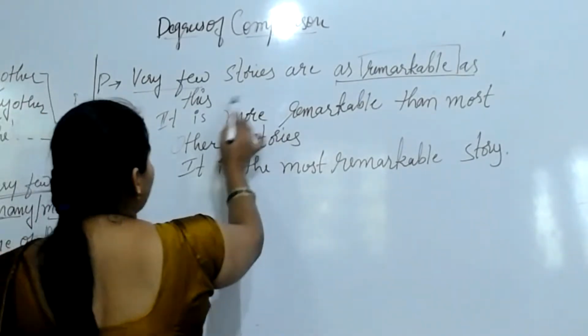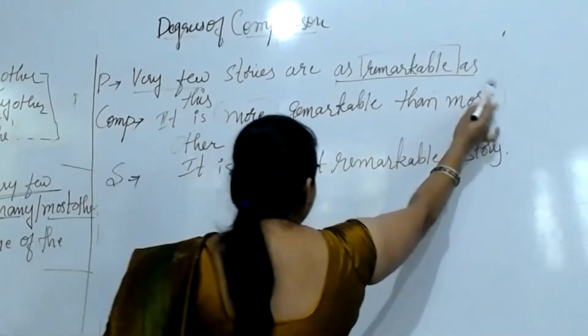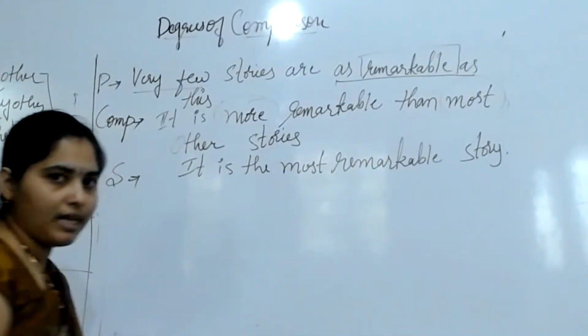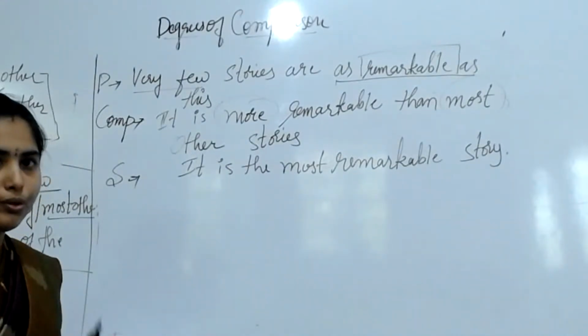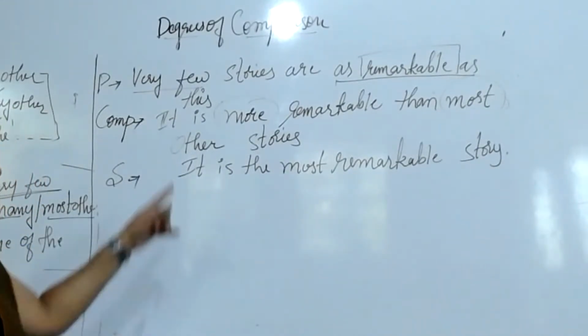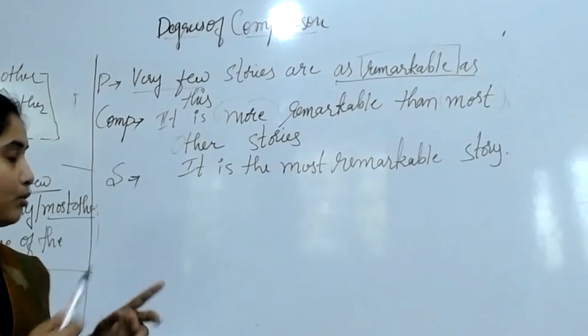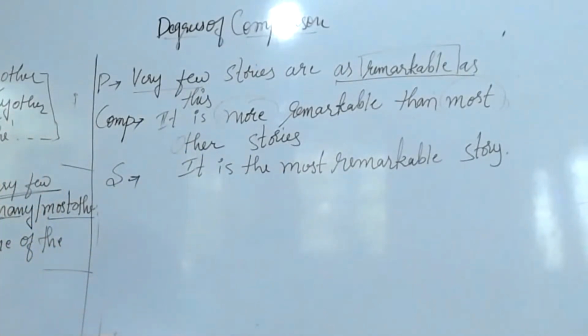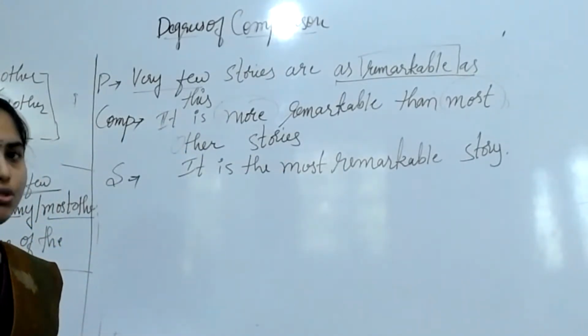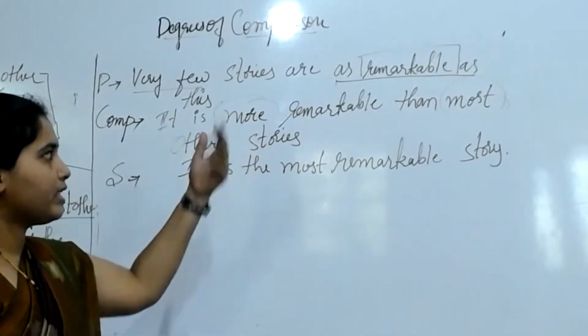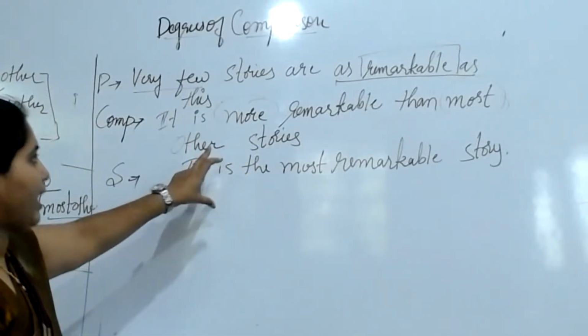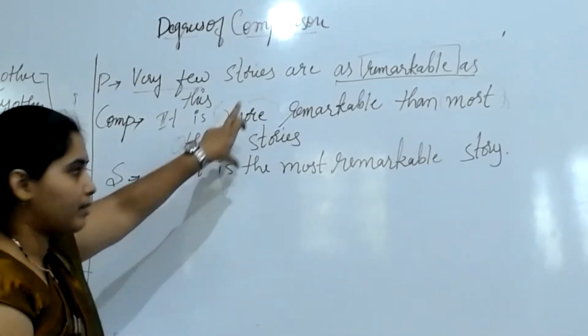How is it termed more and most in each sentence? Because as per rule you have to use more and most with words of more than two syllables. Okay, you have to use more or most for an adjective of more than two syllables, like you have used more remarkable.